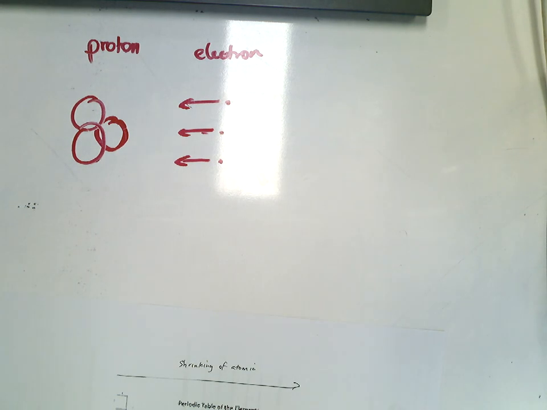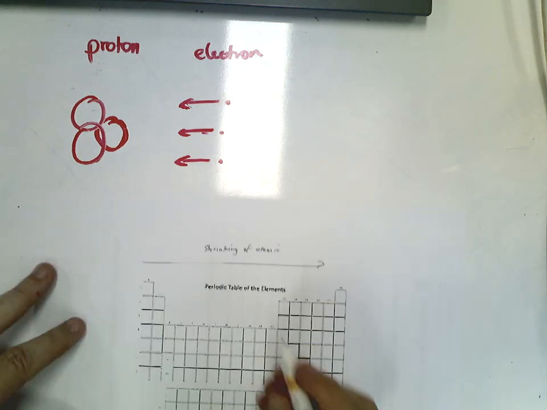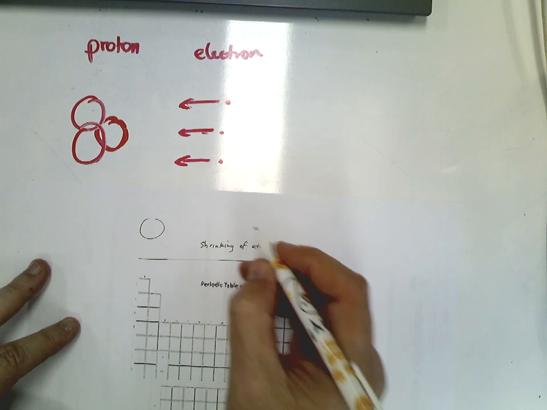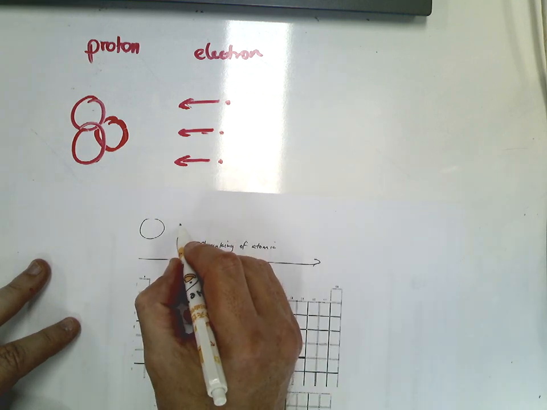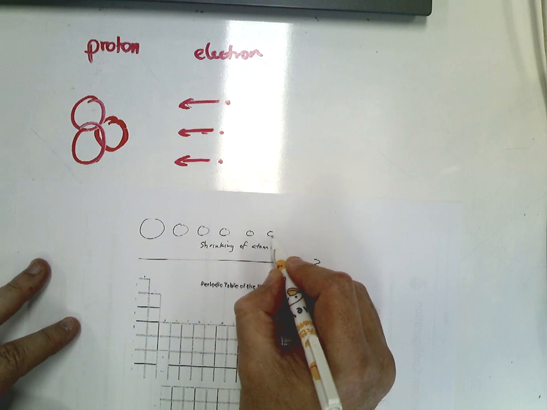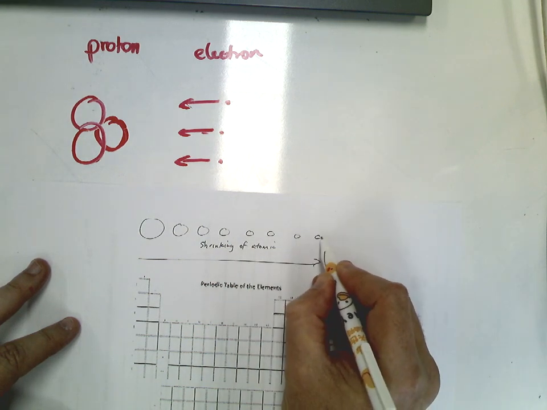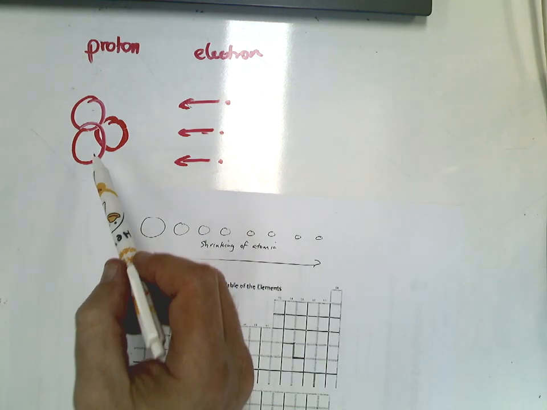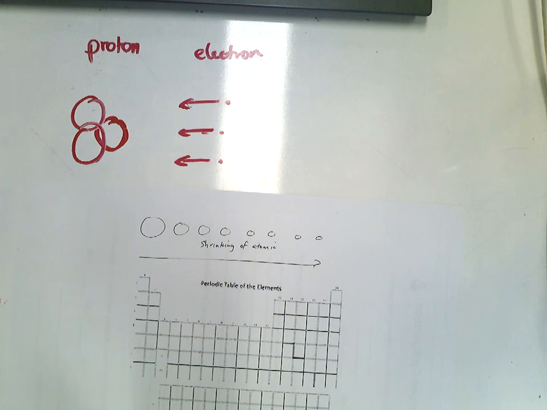And so what we actually find is that over here, we get a rather large atomic radius, but then as we move across the table, they shrink. And that is because the protons in the actual nucleus are getting bigger and they're attracting more of the electrons.